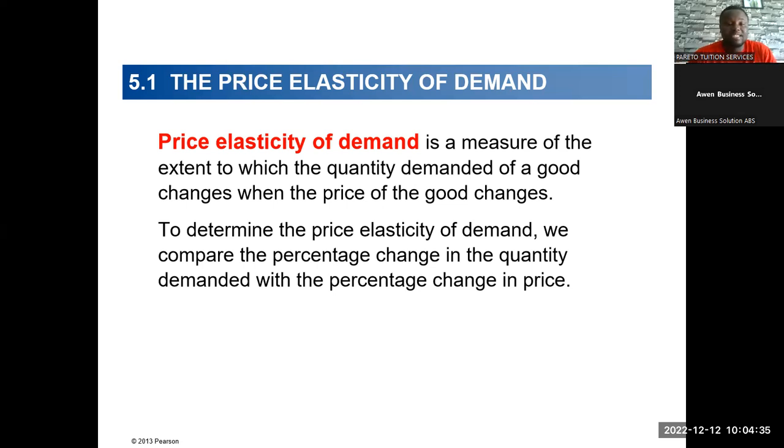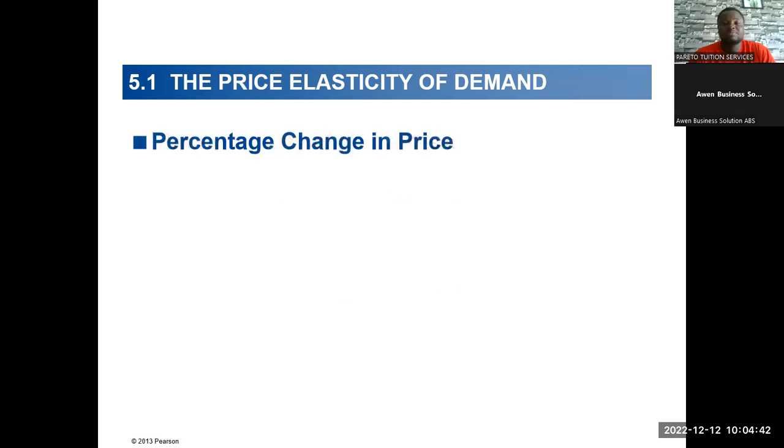So before we can find elasticity of demand, we need the percentage changes in quantity and that of price. Let's look at how to calculate the percentage change in price, then we'll look at how to calculate the percentage change in quantity demanded. Basically, if you want to find the percentage change in something, the mathematical formula is the new value of the variable minus the initial value, divided by the initial value, times 100%.